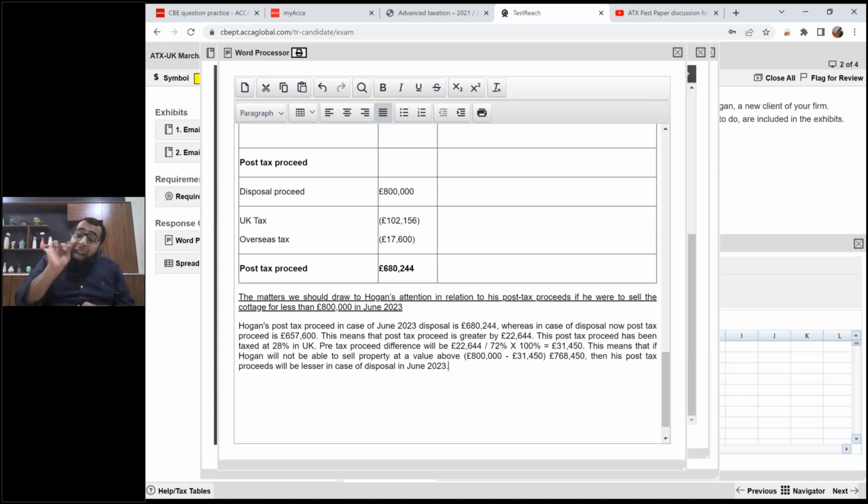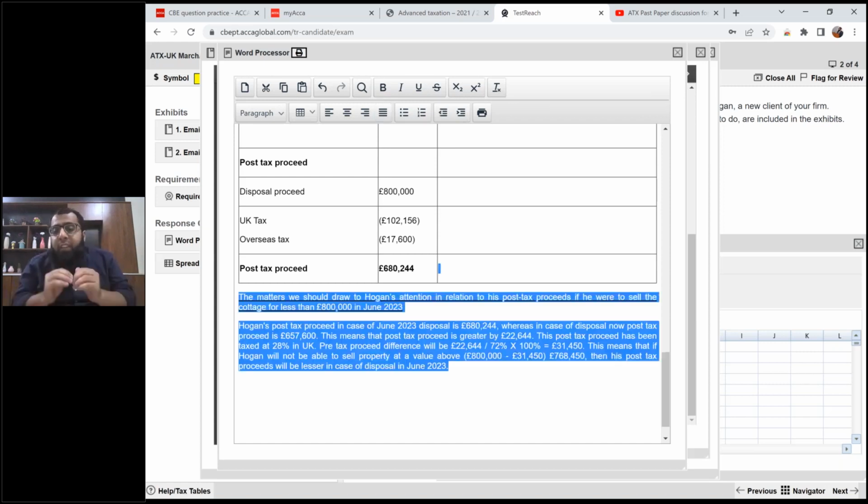But from the exam perspective, I will teach it again and again until you understand. What I believe is that in the exam situation, the student's mind cannot go into that much technicality.